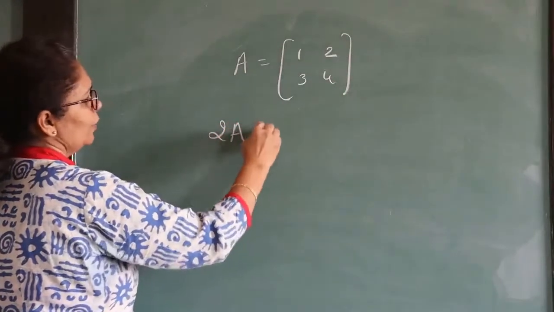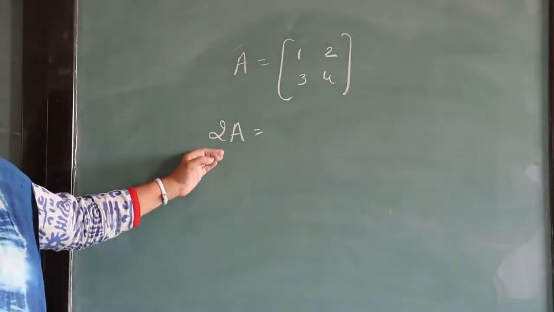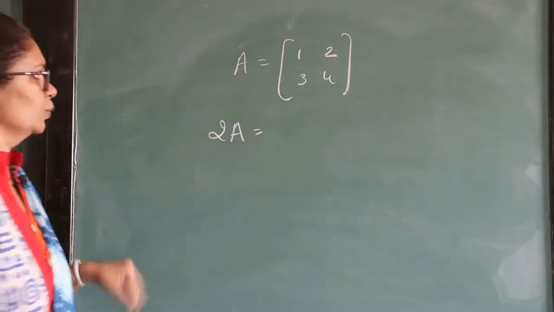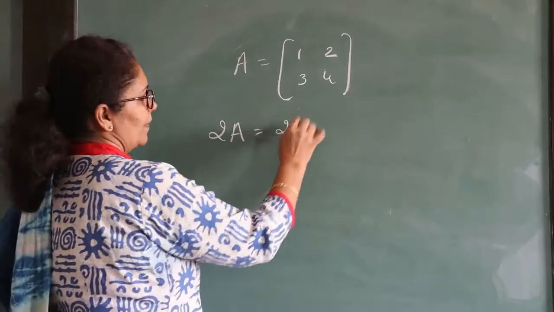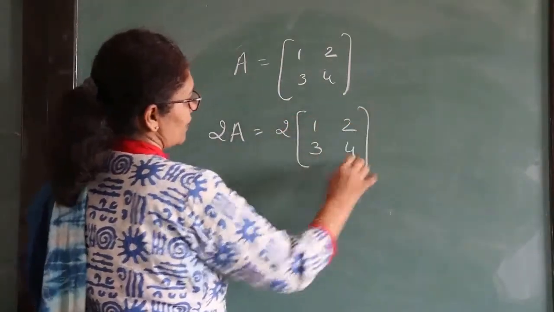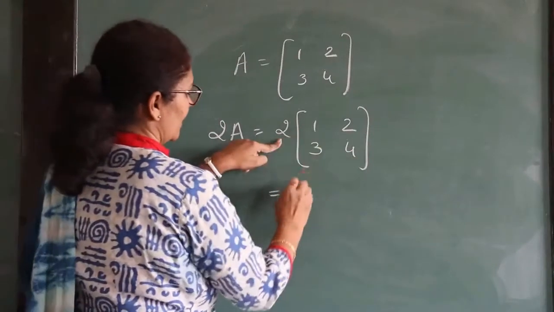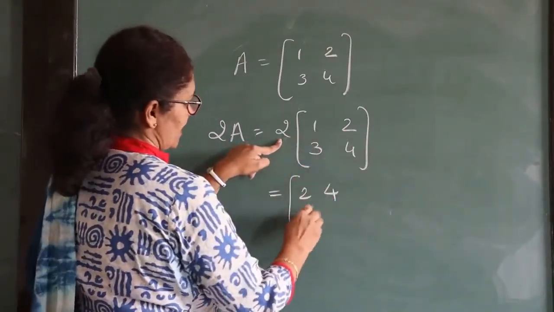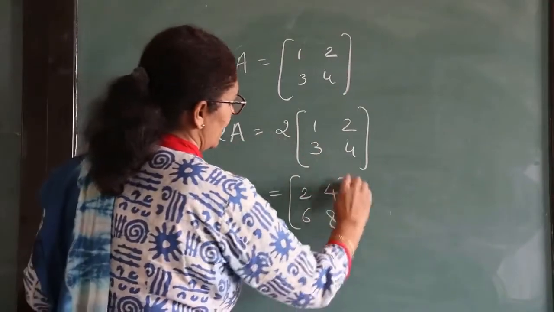If I want to write 2A, then what I have to do? I have to multiply all four elements with 2. That is called multiplication with scalar. Let's see multiplication with scalar. Now 2 will be multiplied with 1, 2 2s are 4, 2 3s are 6 and 2 4s are 8.